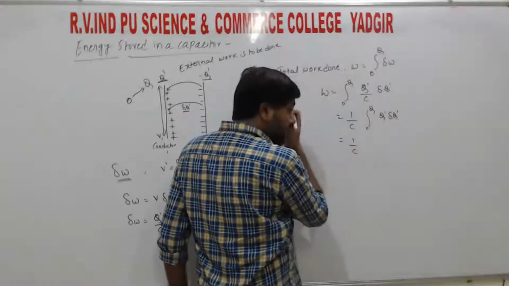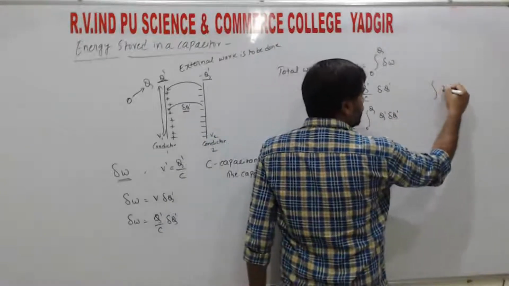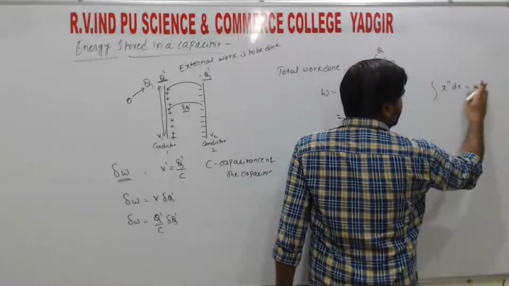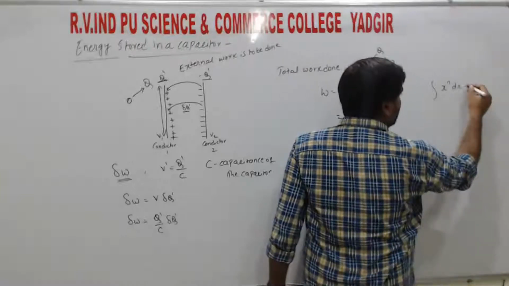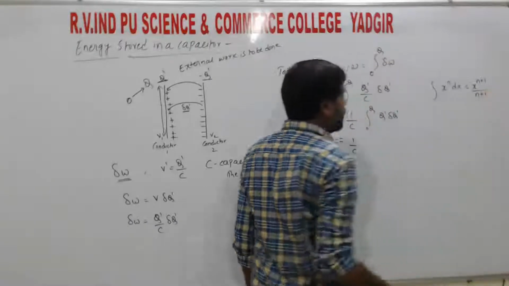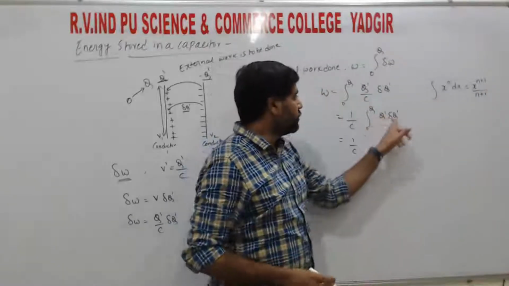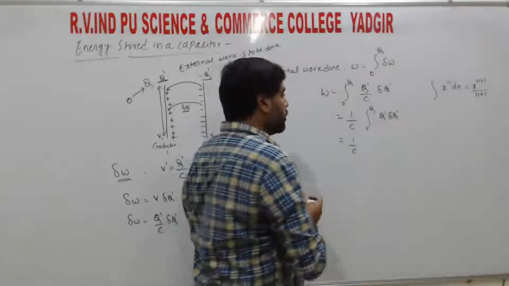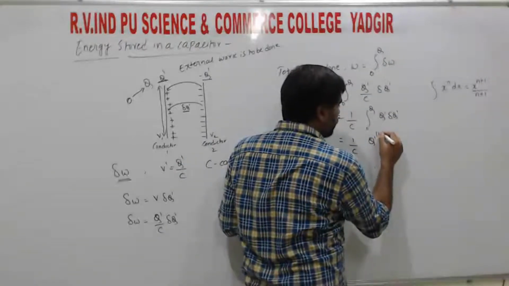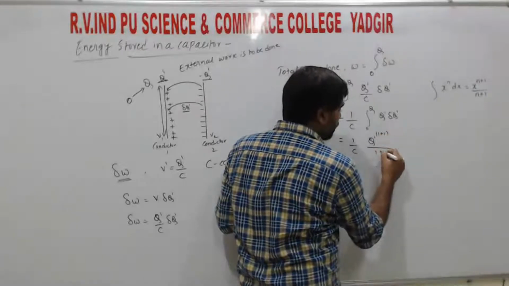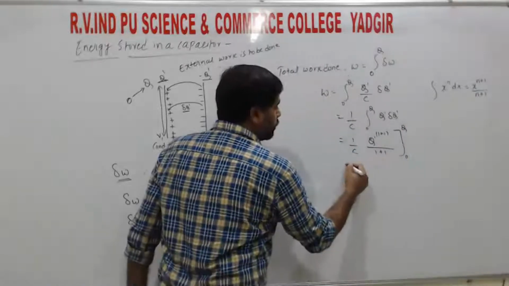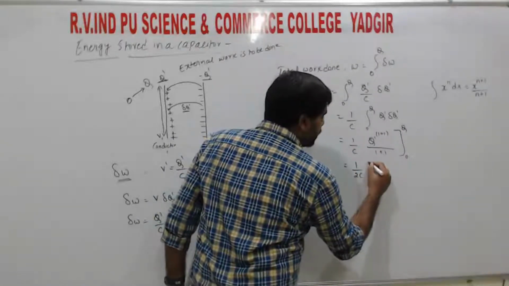We have the integration formula: integral of x power n dx is x power n plus 1 divided by n plus 1. Here in place of x we have q dash, whose power is 1, right? So q dash power 1 plus 1 divided by 1 plus 1, substituting the limit 0 to Q. 1 plus 1 becomes 2, that is 1 divided by 2C.